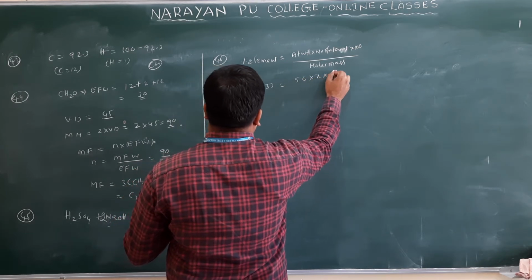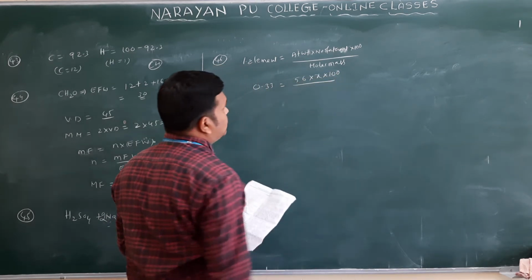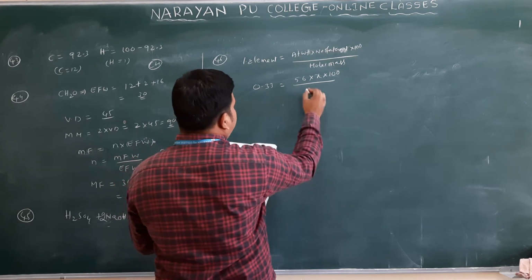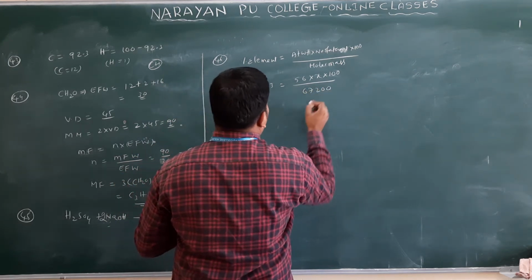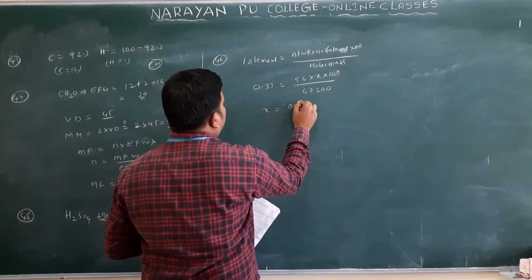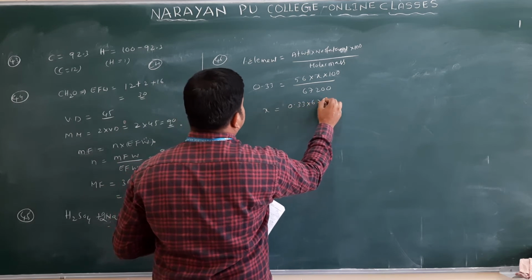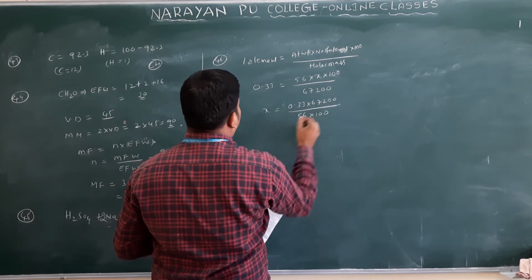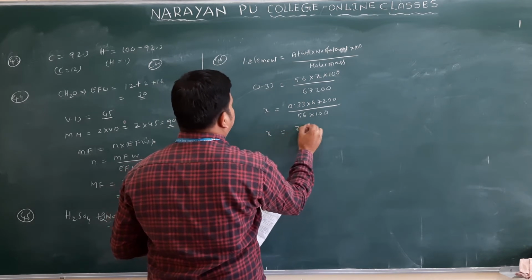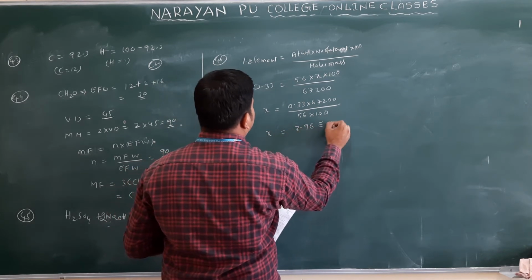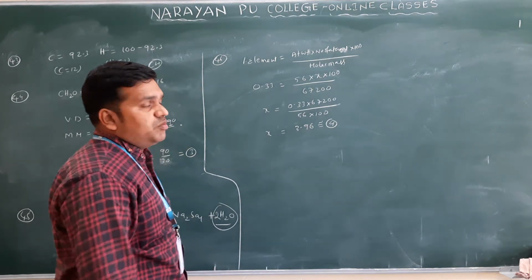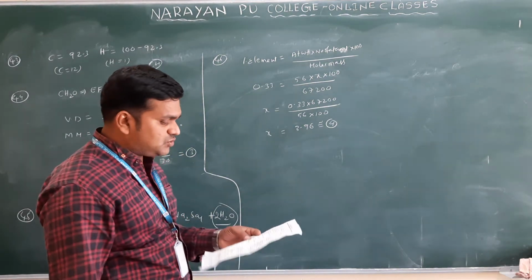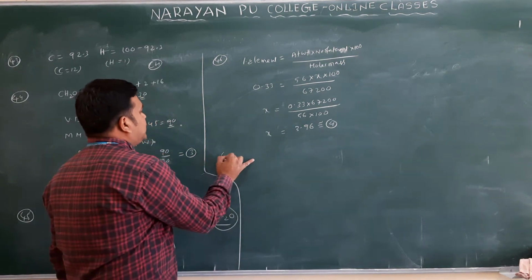This is x, the number of atoms we have to find, by the molar mass given, 67,200. So x is equal to 0.33 into 67,200 by 56 into 100. Approximately you will get 3.96, that is equal to 4. 4 is the number of atoms only. You will take option 3 for this question.